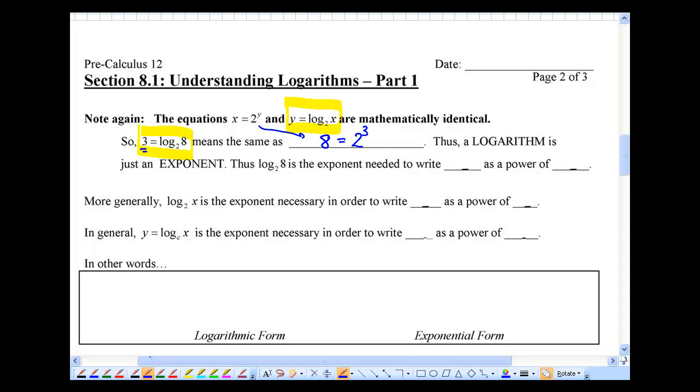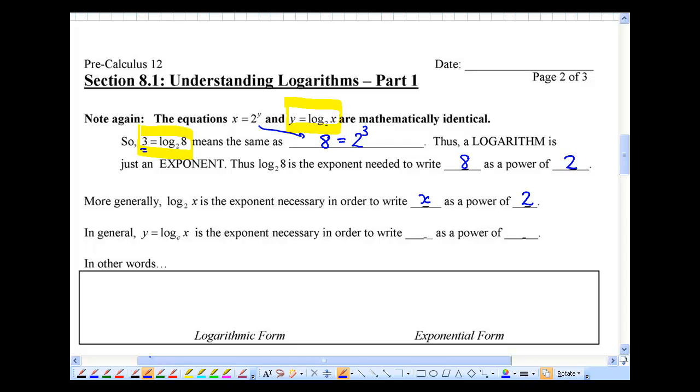Okay, so thus a logarithm is really just an exponent. So thus, if I wrote down log base 2, 8, that is the exponent that is needed to write the number 8 as a power of 2. Okay. More generally then, if I have log base 2 of x, okay, not 8, this log base 2 of x is the exponent necessary to write x as a power of 2.